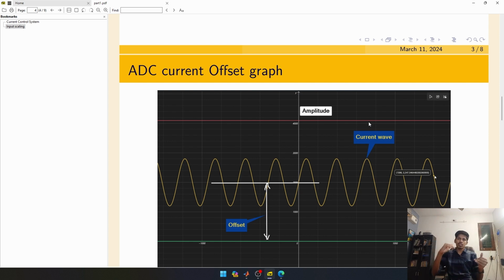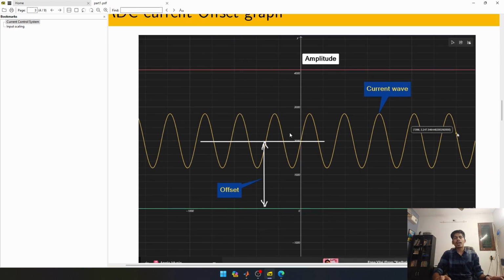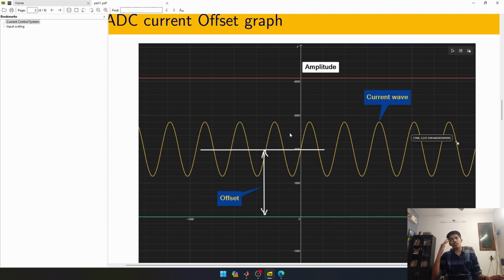So what we will do is, in our sensing circuit, there is an op amp, and we will add a bias voltage to that, which will shift the entire waveform. Our ADC is a 12-bit ADC, so we have a resolution between 0 and 4095, since 2 power 12 is 4096.